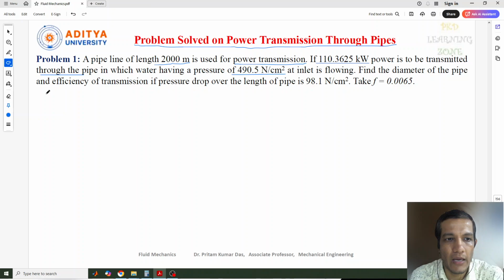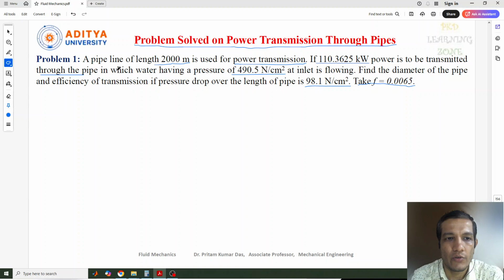Find the diameter of the pipe and efficiency of transmission if pressure drop over the length of the pipe is 98.1 Newton per centimeter square. And consider the F value as 0.0065. So this is the question and this is the data given.